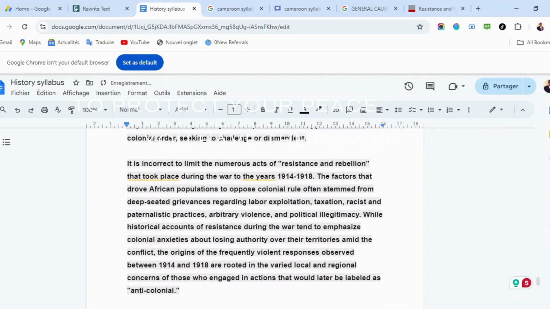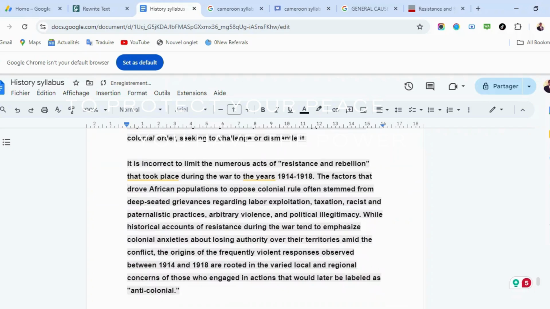It is incorrect to limit the numerous acts of resistance and rebellion that took place during the war in the years 1914 to 1918. The factors that drove African populations to oppose colonial rule often stemmed from deep-seated grievances regarding their labor exploitation, taxation, racist and paternalistic practices, arbitrary violence, and political illegitimacy.